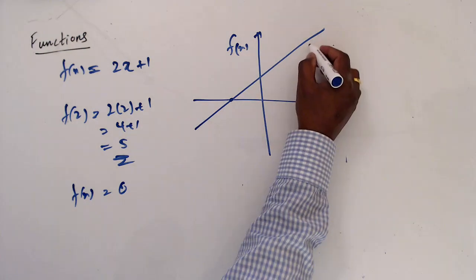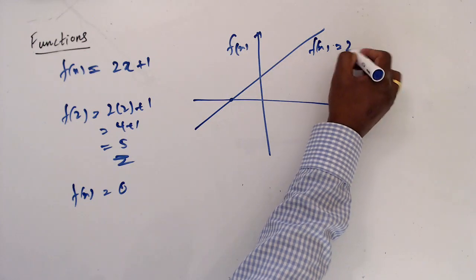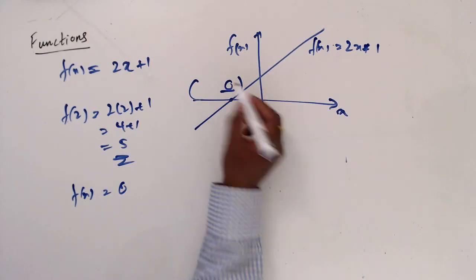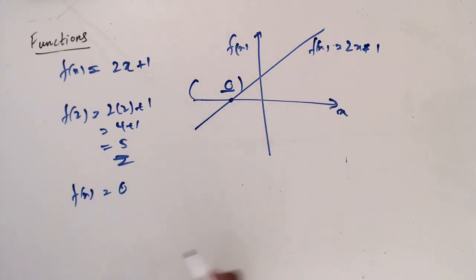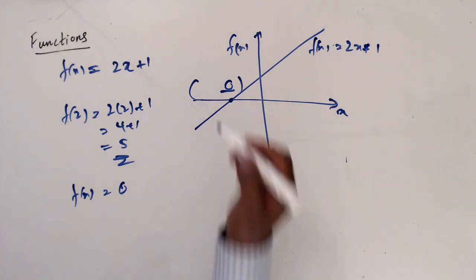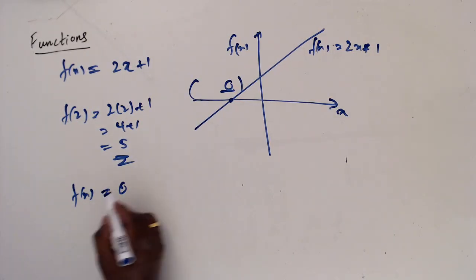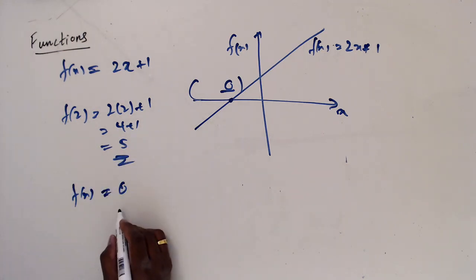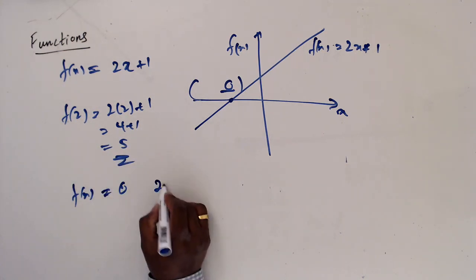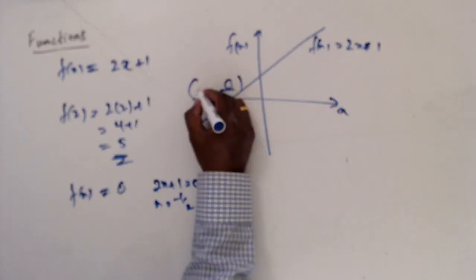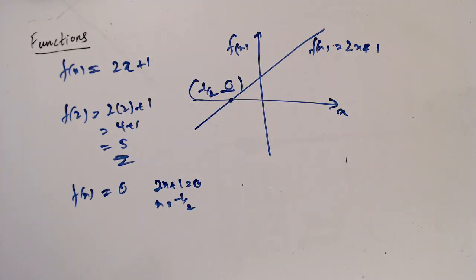We know that the f(x) value is 0 where the graph crosses the x-axis. So then f(x) equals 0, then 2x plus 1 equals 0, x equals minus half. So the root is minus half. Just a small revision.